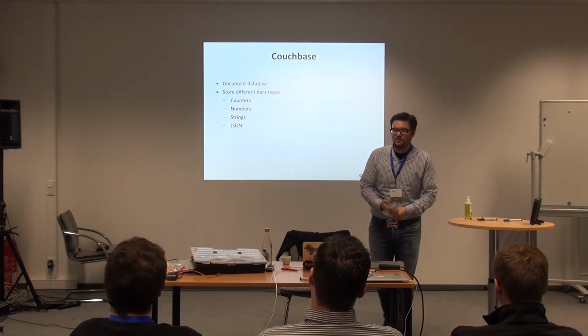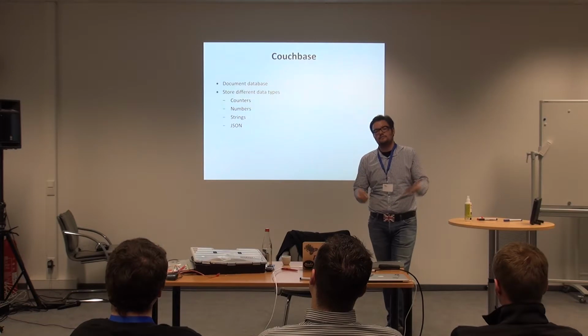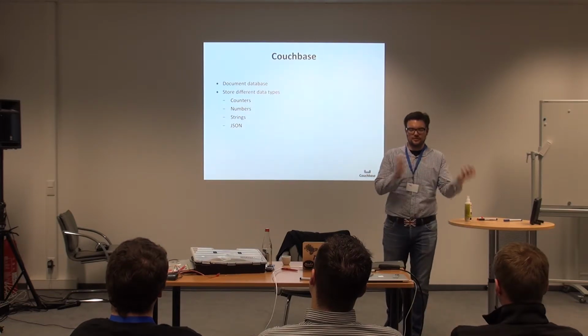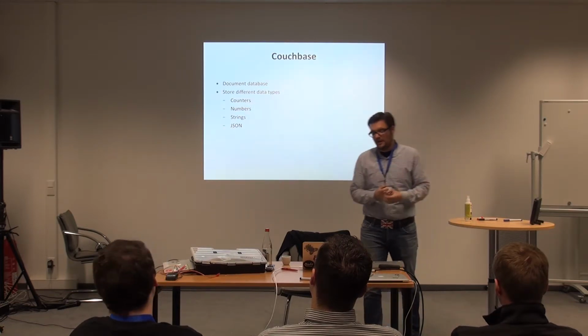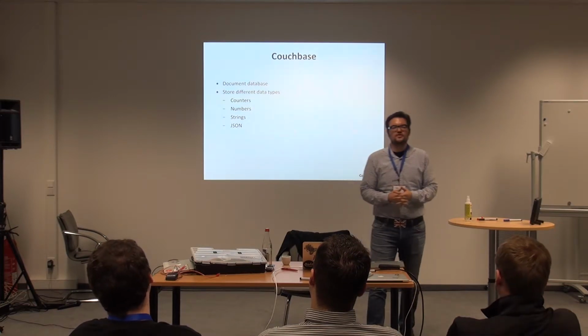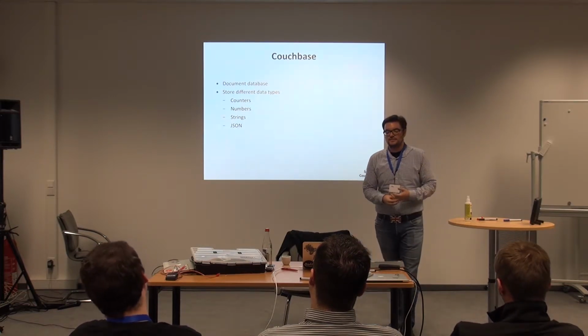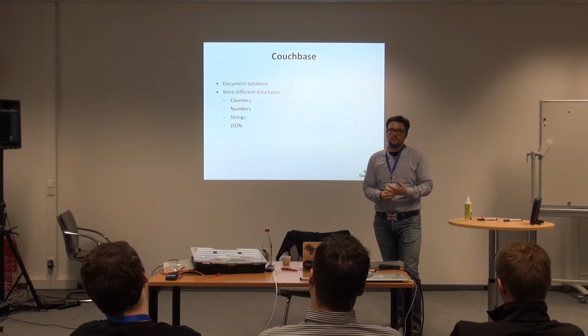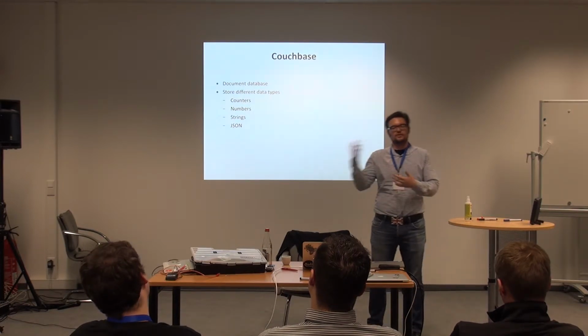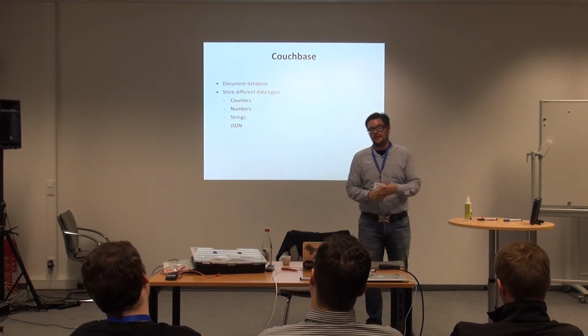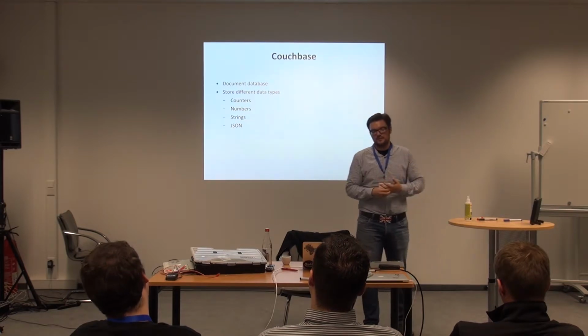So a little bit more, Couchbase is a document database. We all probably heard of document databases, MongoDB, and so forth. But we can also store some different data types. So we actually have a native counter implementation. We can do increments, decrements, based on numbers.